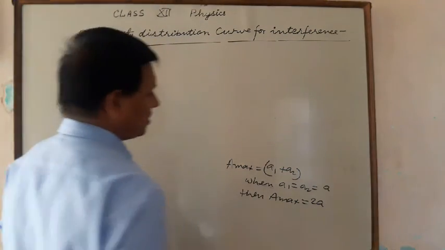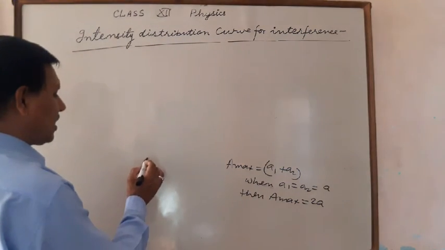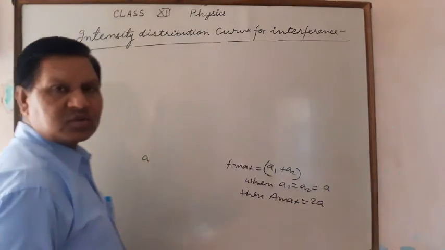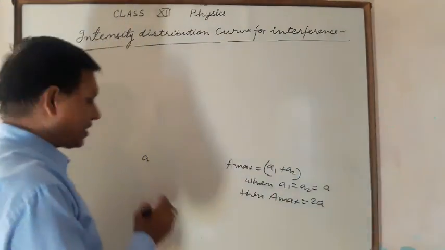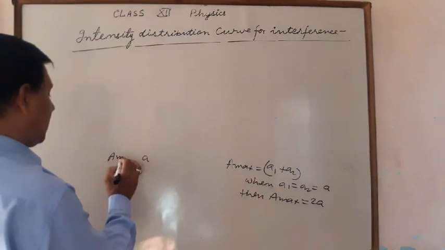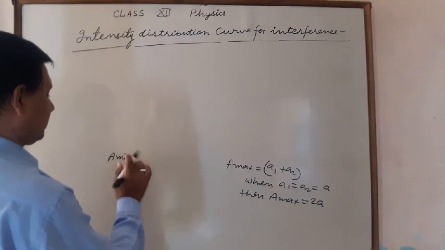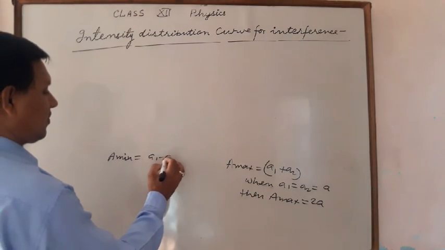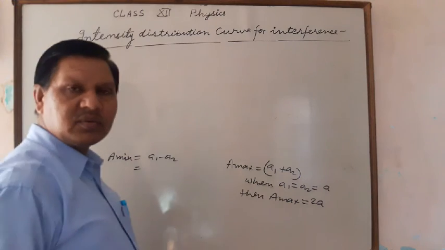And when two waves of same amplitude superpose in opposite phase, then amplitude of resultant wave becomes minimum. That is, A minimum is equal to A1 minus A2.